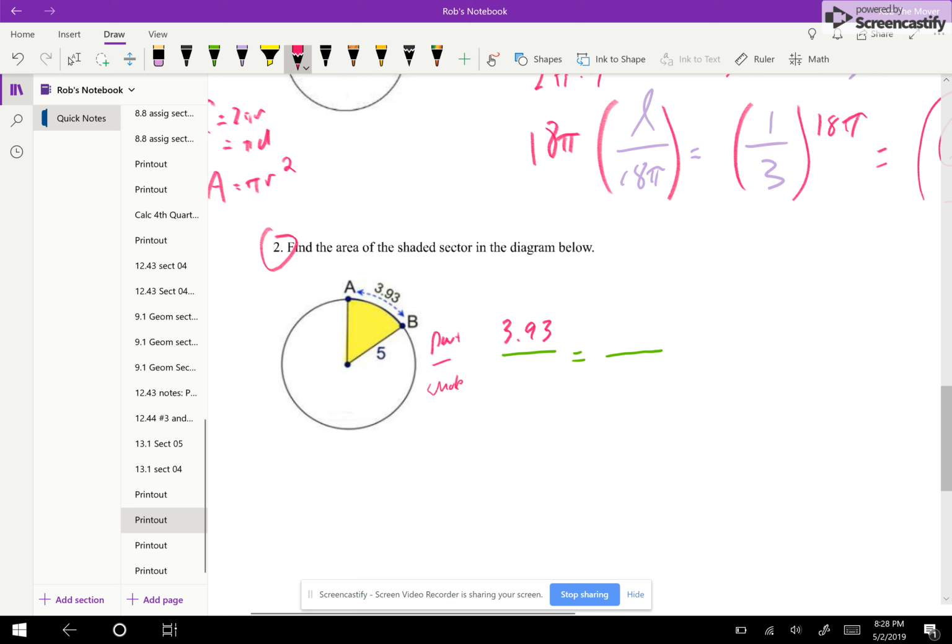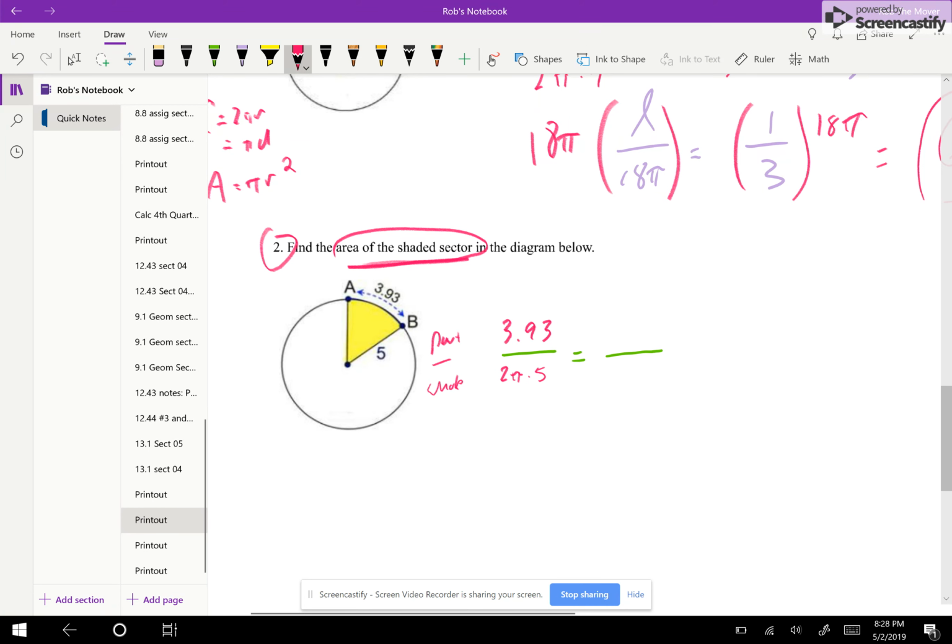In this case, I'm doing 3.93, the arc length, to the whole circle's circumference, which is 2 pi r. So it's 2 pi times 5. And we want to find the area of the shaded sector.